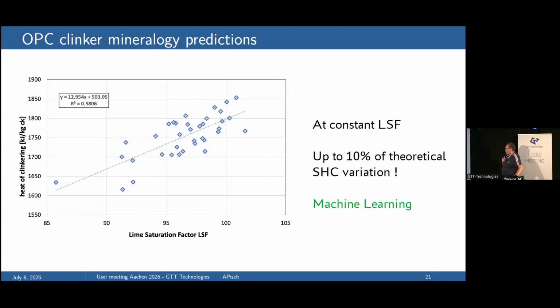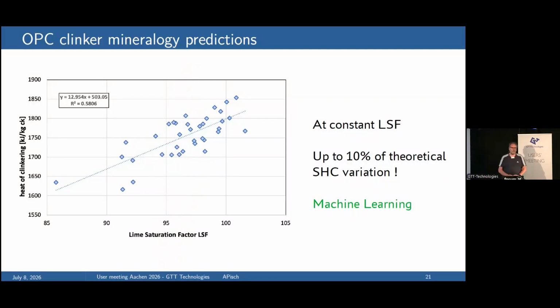And you can also, and this is the advantage, calculate specific heat consumption. So you start with limestone, alumina, clay, whatever you choose as a raw material, and you calculate the full heat balance for making the clinker. And here, given a lime saturation factor, this is basically a constant calcium carbonate. And you see even for a constant calcium carbonate, you have a variation of plus minus almost 10%, plus minus 5%.